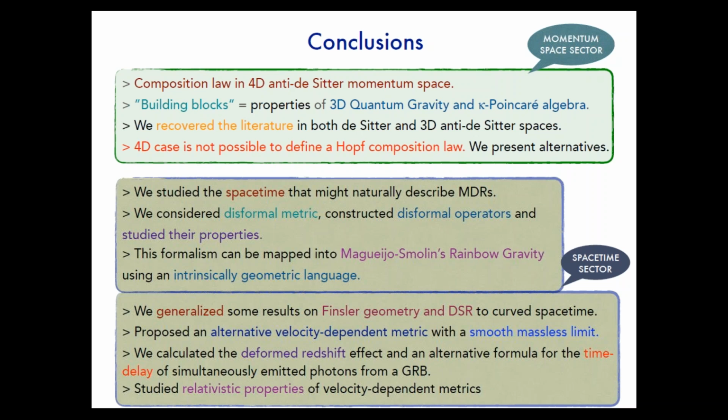For the redshift, the result is equal because it only uses the geodesics. And we also studied the relativistic properties, and we realized that it's all compatible. The relativistic properties of the Hamiltonian are the relativistic properties of the dispersion relation, of the DSR way of thinking, which are the relativistic properties of the metric. Therefore, this picture is complete.